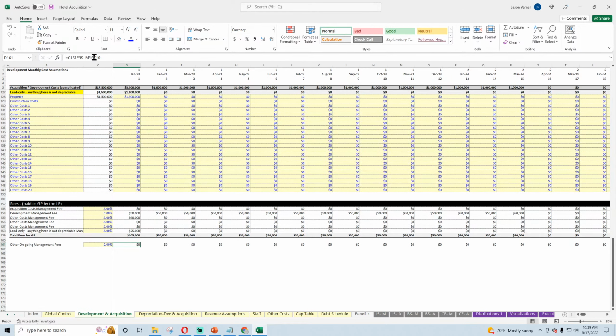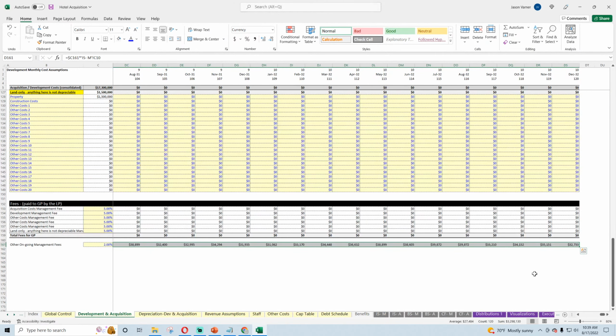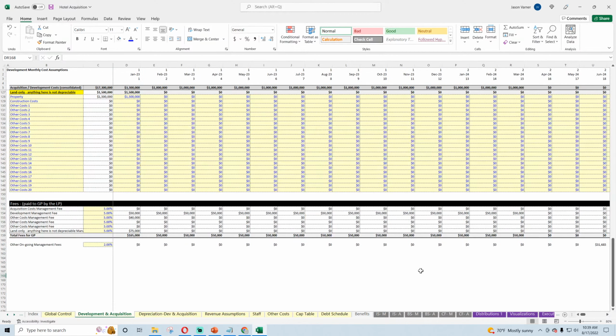Oh, I locked the wrong one. So this is just to manage the property essentially. And the sponsor might be doing it, could be a third party. We're assuming that this is going to the sponsor, 100% of it.